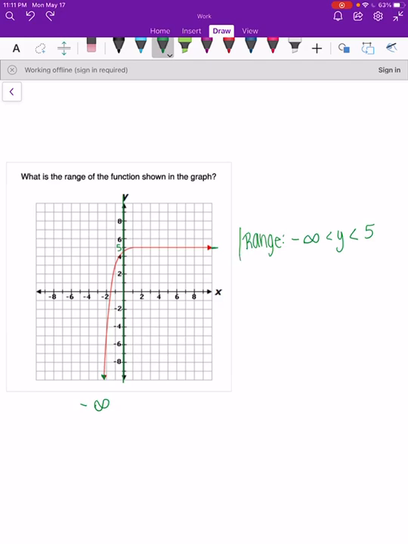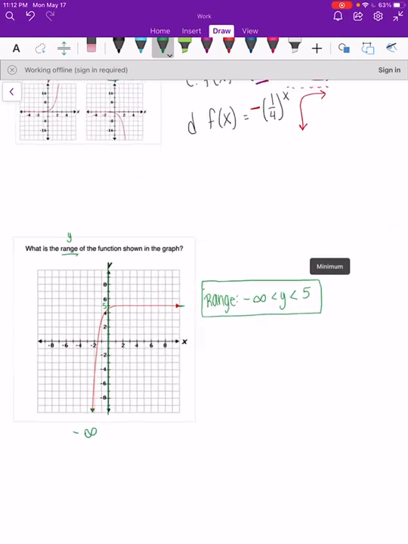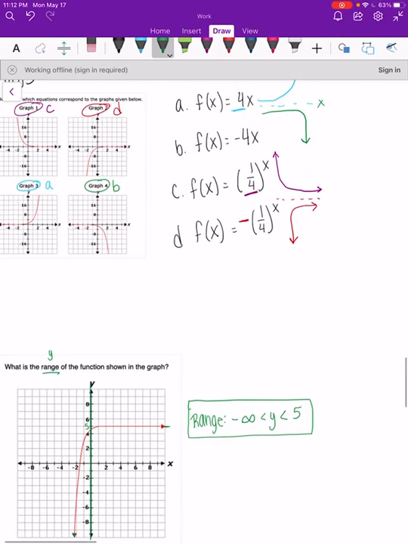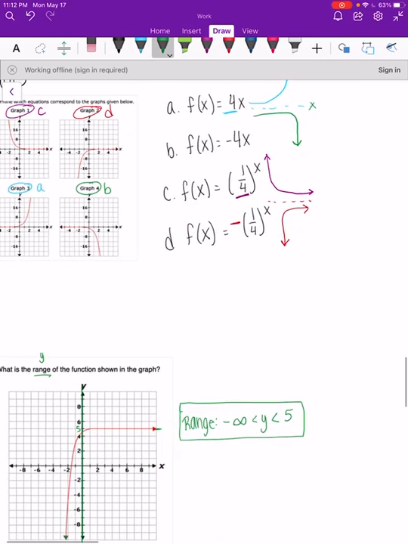So it's only from negative infinity to positive 5. But range talks about our y values. If it asks you about domain, that would be talking about our x values. This one's asking about the range. It's y. I'll make this smaller so you can see all of it, or as much of it as you can.